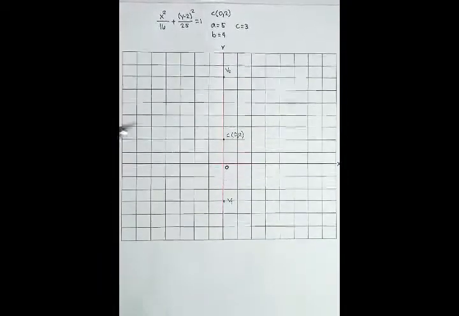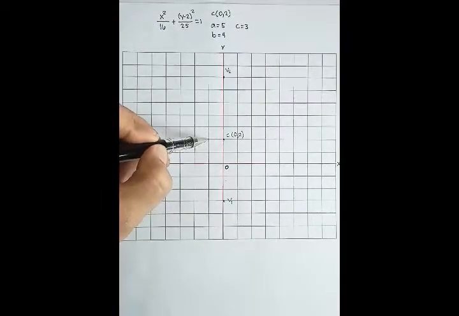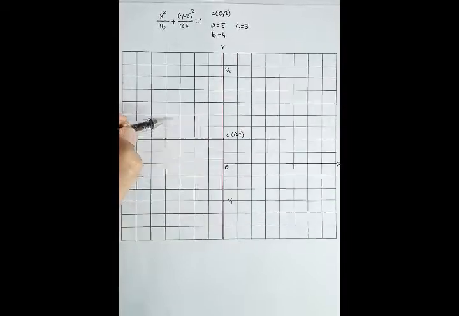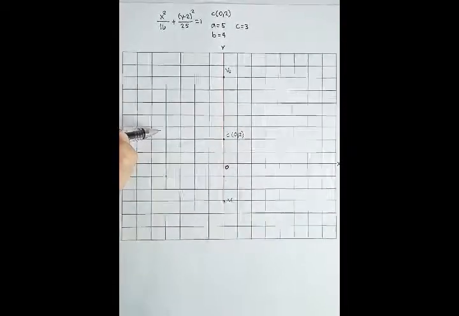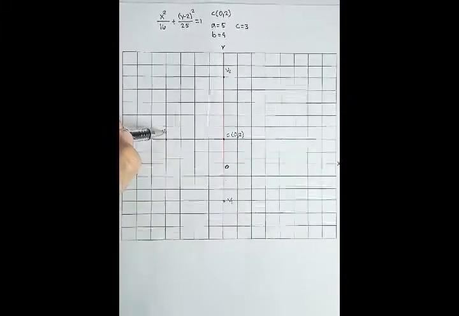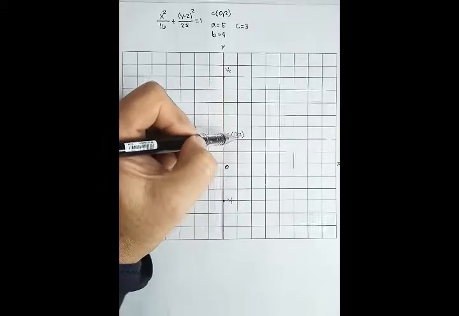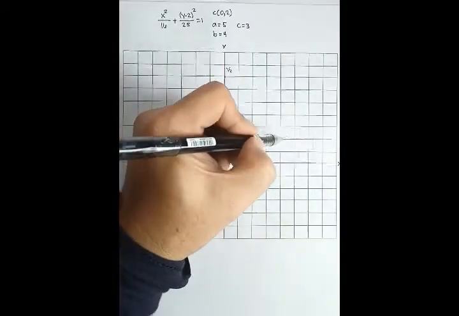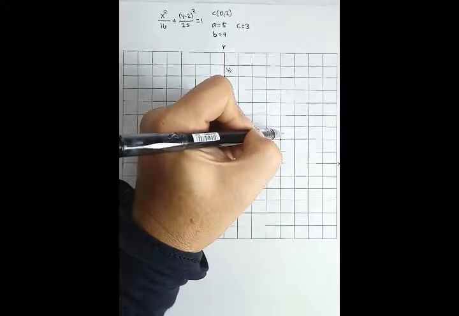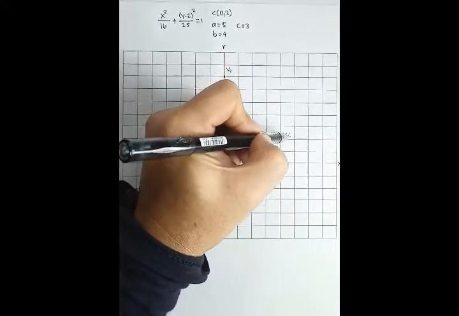Okay. So we count 4. 1, 2, 3, 4. This will be our co-vertex W1. Then to the right, 1, 2, 3, 4. Our co-vertex W2.